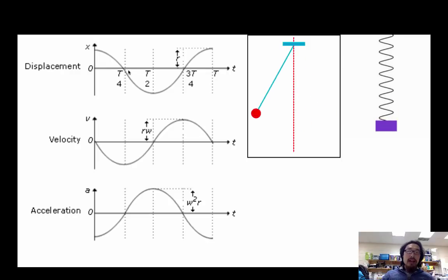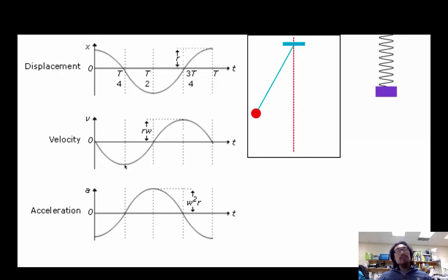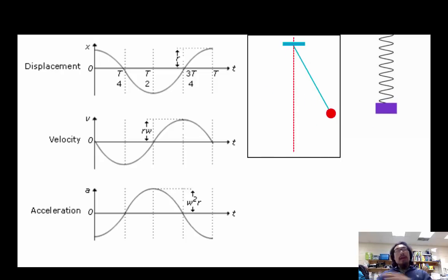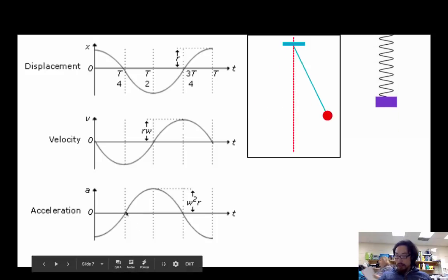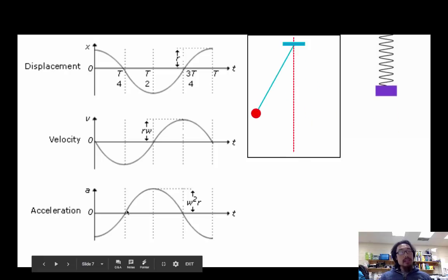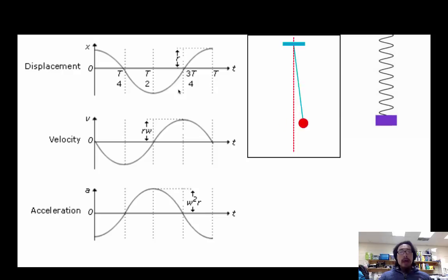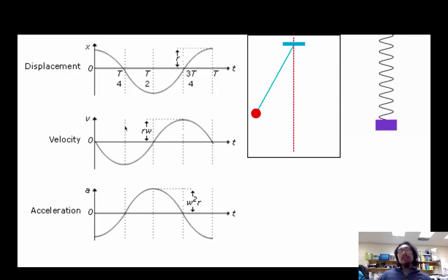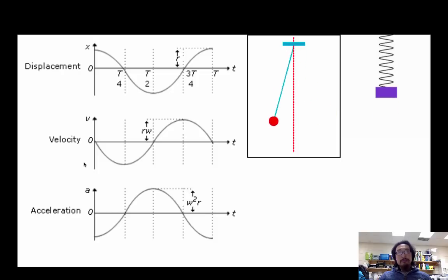It should have the greatest velocity, and if we take a look down here, it in fact does. And when it has the greatest velocity at the origin point, that means there's no restorative force. If there's no force, there should be no acceleration. And in fact, right there in the acceleration versus time graph, we see that the acceleration is 0. Okay, so take a look at this, copy it down, and try to make sense of it. We're going to be using these graphs a lot in class.